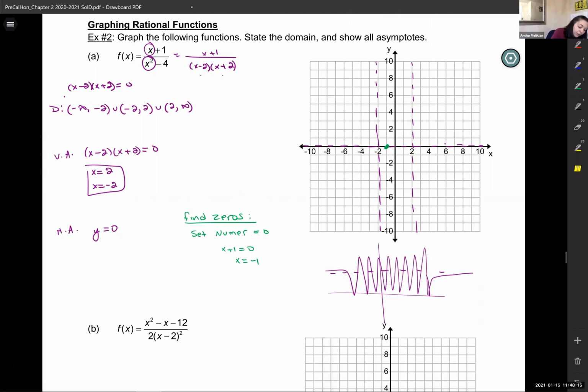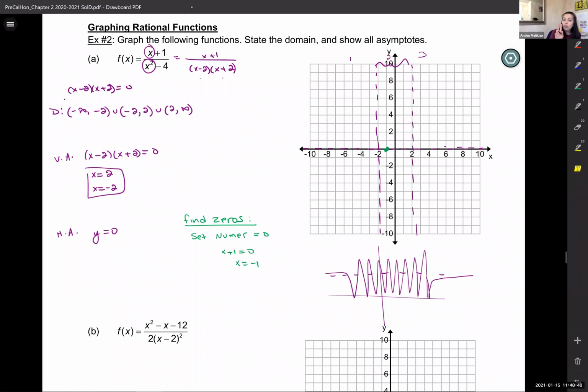I have now 3 regions with these vertical asymptotes, right? 1, 2, 3. So first, when you're going to start graphing, start in the region where the 0 is. That's that middle one. Now, look, I have vertical asymptotes on both sides of this middle part. And the graph crosses the x-axis at that point, -1.